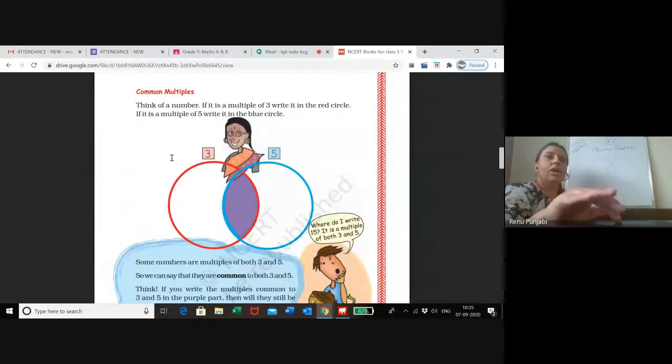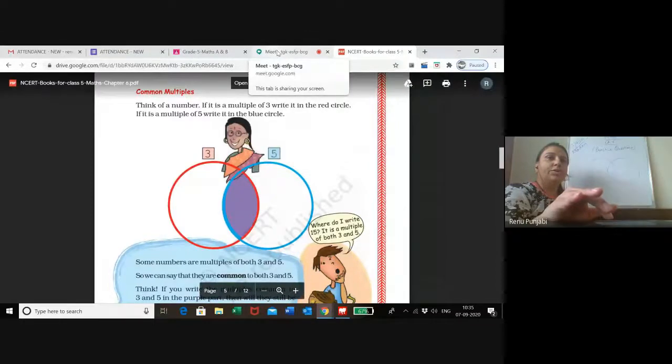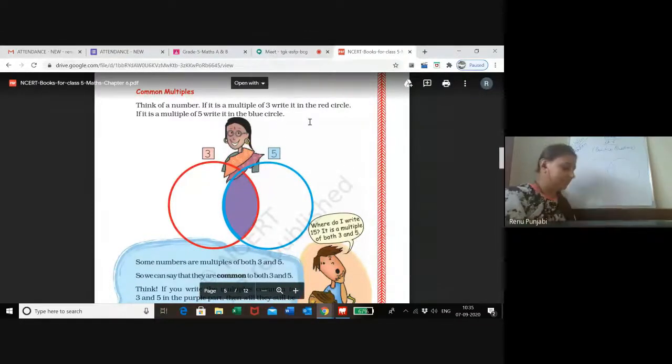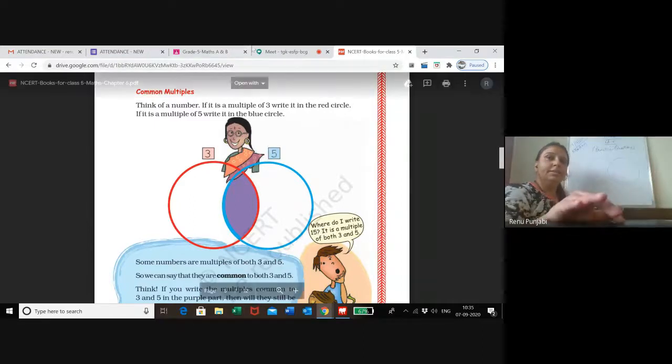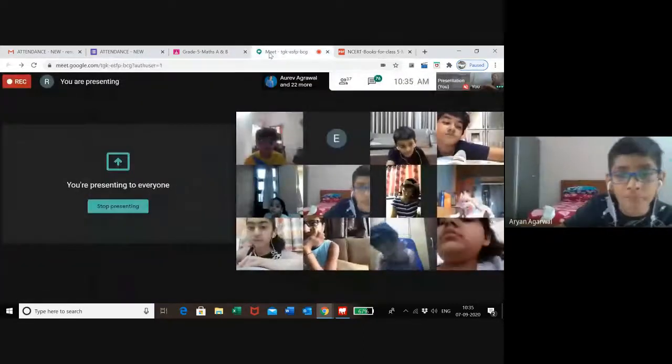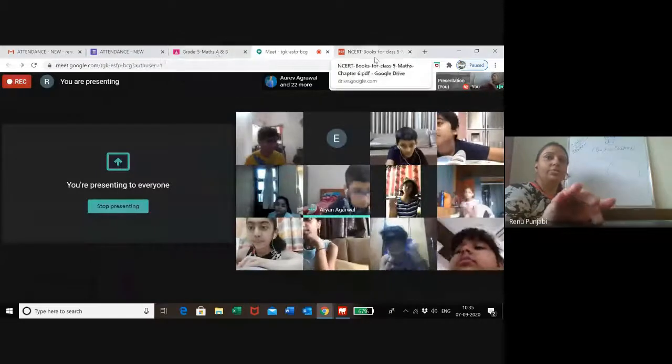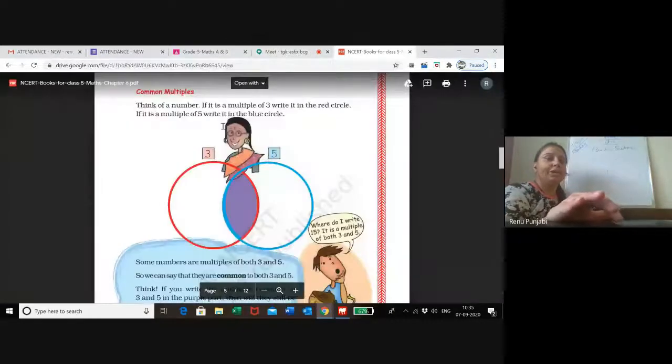So, Aryan will tell me. Aryan, what do you understand by this line? Think of a number. If it is a multiple of 3, write it in the red circle. If it is a multiple of 5, write it in the blue circle.